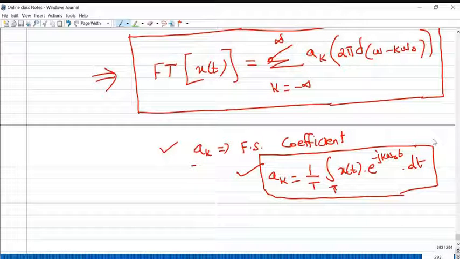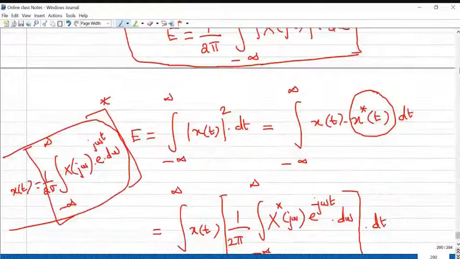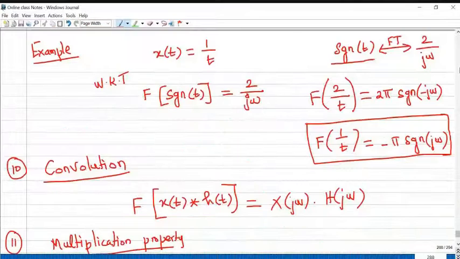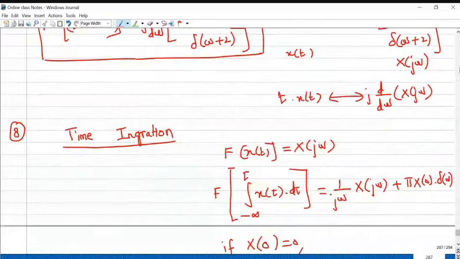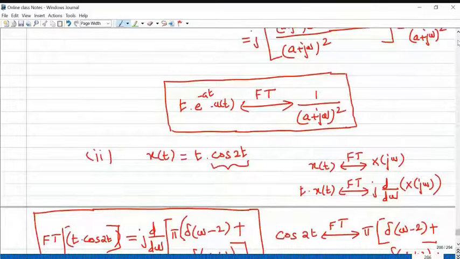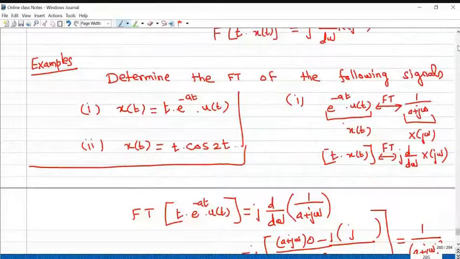And one more topic is pending in Fourier transform, that is the representation of LTI systems using differential equations. Given any differential equation, how do we solve it using Fourier transform? Because we have the differentiation property in the time domain and also in the frequency domain. With the help of that, we can solve the given LTI system differential equation.